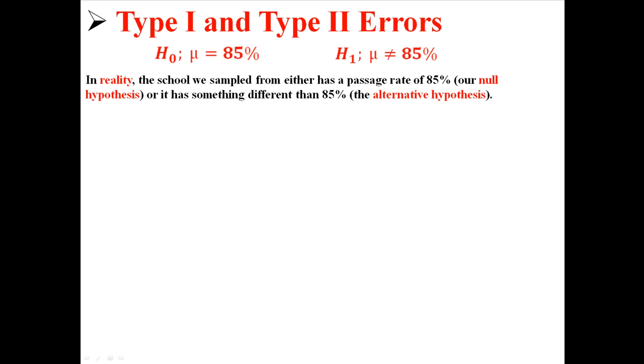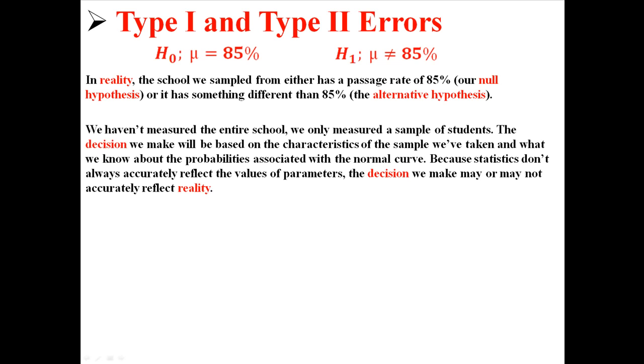So we have the hypotheses here. And now, in reality, the school we sampled from either has a passage rate of 85%, which is our null hypothesis, or it has something different than 85%, which is our alternative hypothesis. So we haven't measured the entire school, we only measured a sample of students. The decision that we make will be based on the characteristics of the sample we've taken and what we know about the probabilities associated with the normal curve.